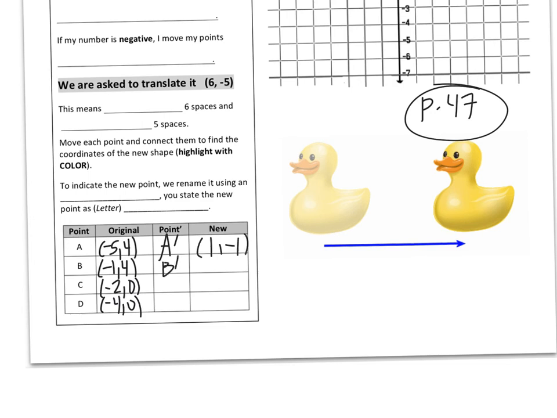B prime, 6 minus 1 is 5, and then negative 1, sorry. C prime is 4, negative 5, and D prime is 2, negative 5. So the image isn't going to change, but just be sure that you do correct this table.